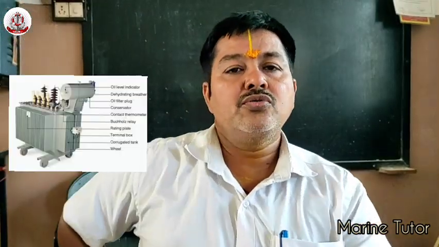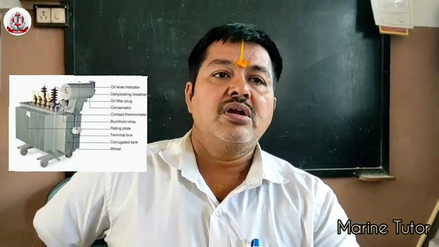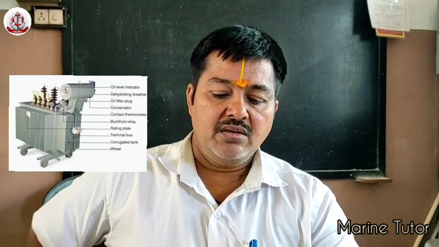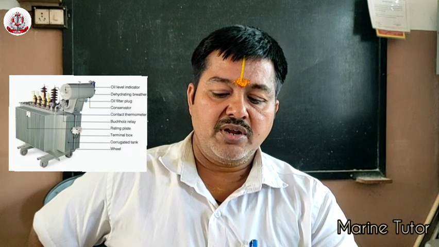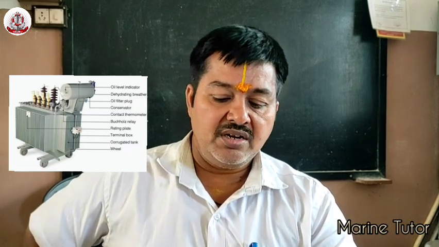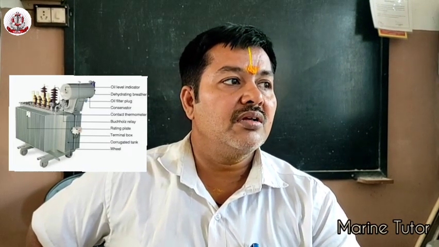Now we are going to see transformers and distribution circuit breakers. Transformers are of two types, step up and step down. Then for distribution circuit breakers, a distribution panel is needed, then a circuit breaker is needed.